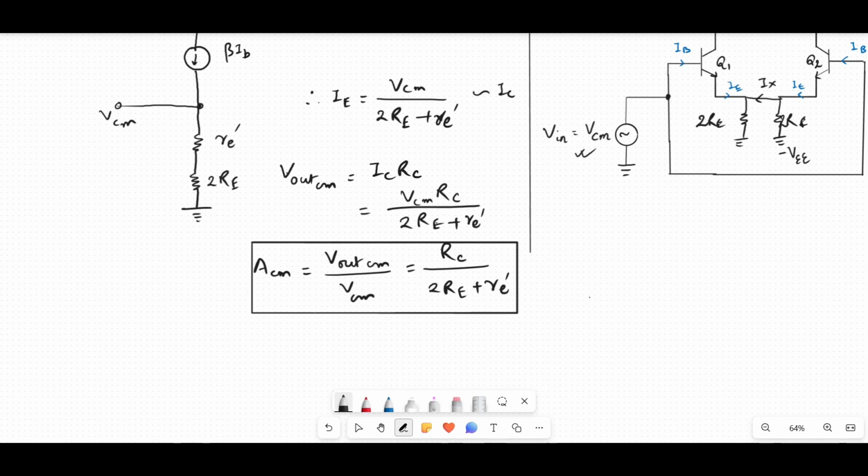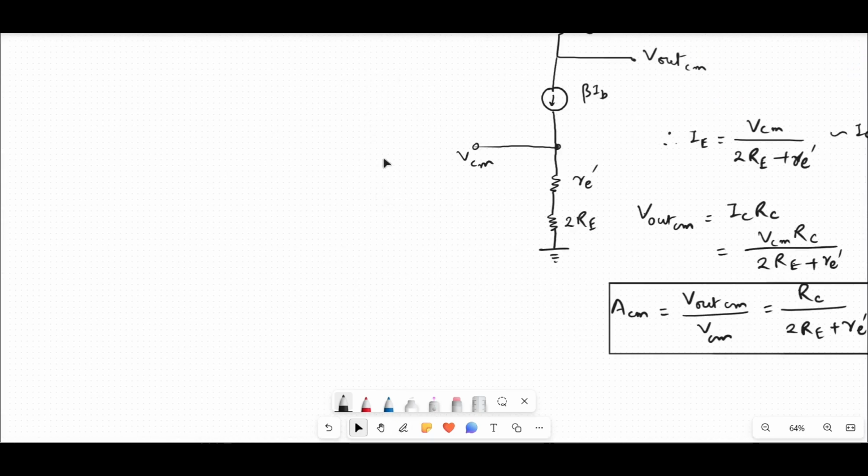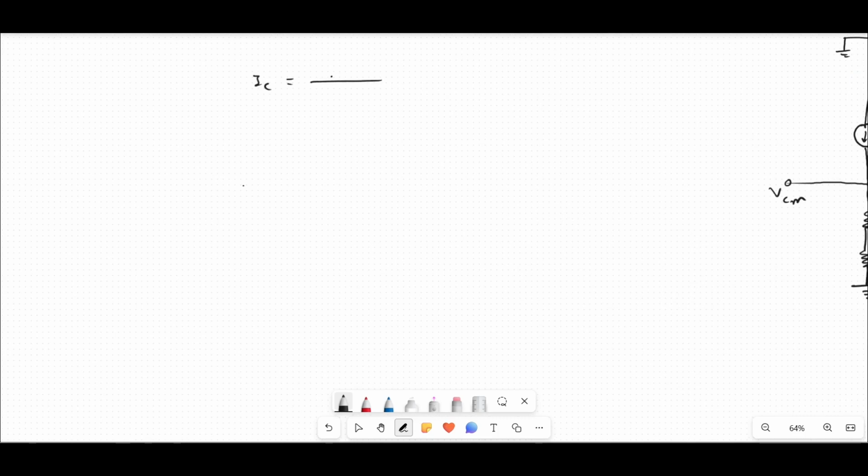Now let us see what is the common mode input resistance. IC is given by beta by 1 plus beta into IE, since IC is equal to alpha times IE and alpha is beta by 1 plus beta, this we know already.